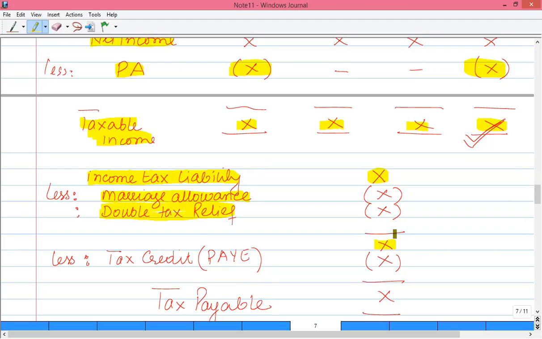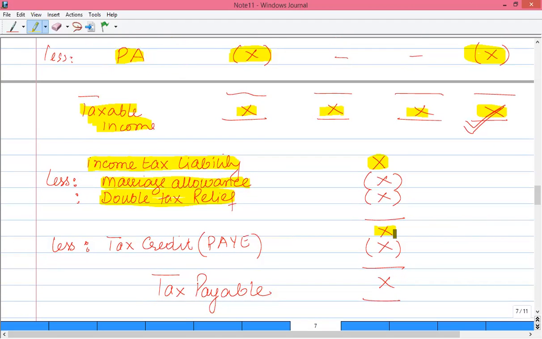But if you have paid your income tax in advance, such as in the case of employment, where you usually pay advance tax, then you have a right to deduct that advance tax as tax credit. After that, if there is any amount payable, then it is the tax liability or the tax payable amount that you have to pay to HMRC.